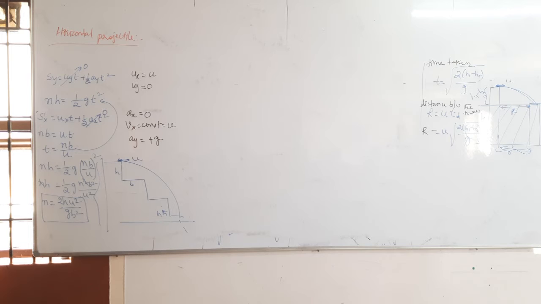Next, write a problem. An aeroplane flies horizontally with a velocity u.